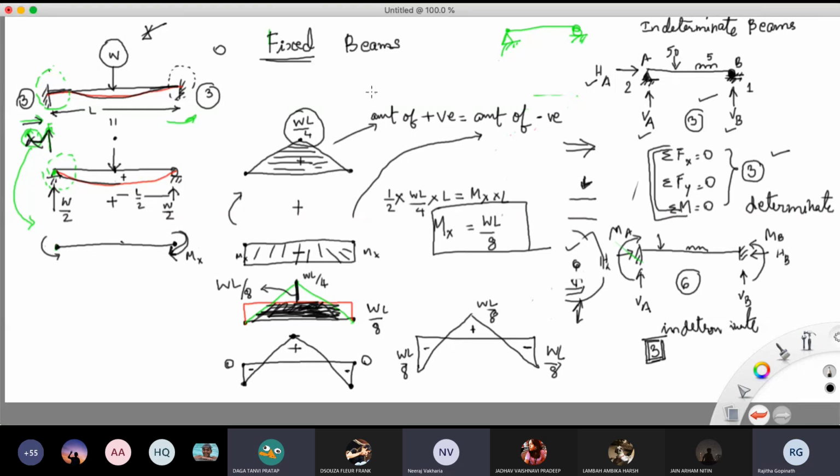That's because we have to figure out that the area of the positive sagging is equal to the area of the negative, which is the hogging moment. Area of rectangle and area of triangle, basically. Your formula. Tanvi. Okay, thank you.